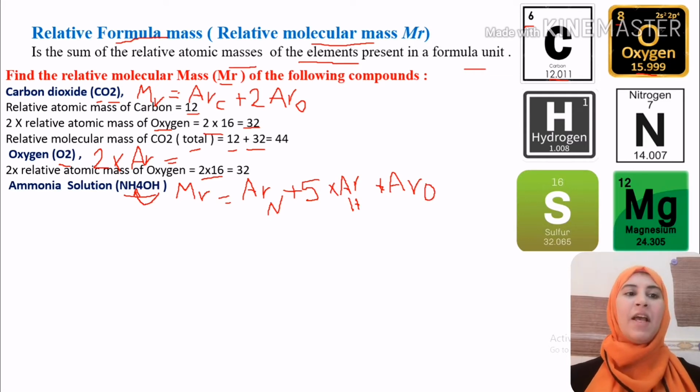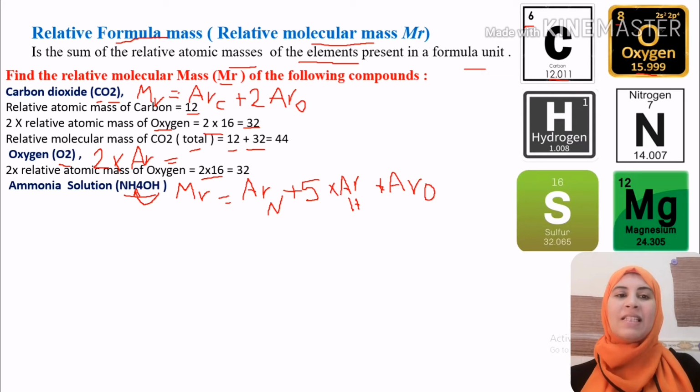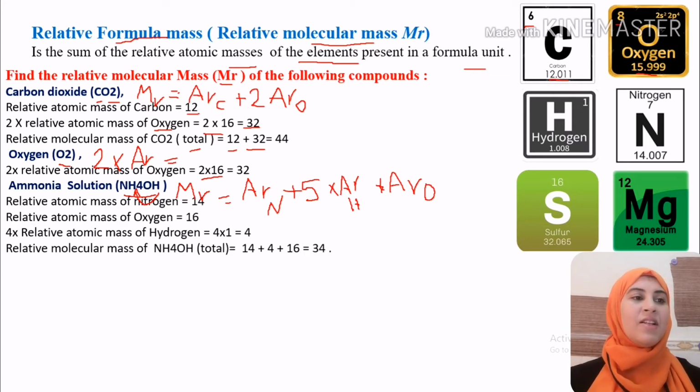So we can say that the relative atomic mass of nitrogen is 14. 5 times the relative atomic mass of hydrogen, which is 1, so 5 times 1 equals 5, plus Ar for oxygen, which equals 16. So at first, the relative atomic mass of nitrogen is 14, the relative atomic mass of oxygen is 16, and for hydrogen we have 4 plus 1, so 4 plus 1 equals 5.